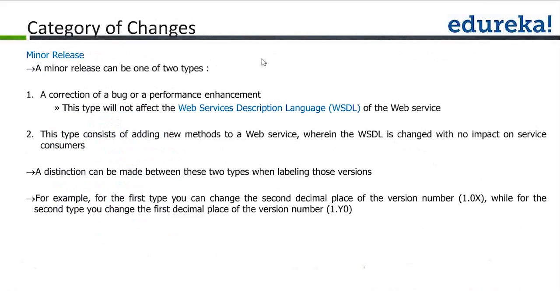Now to answer your second question: why are you giving examples on SOAP WSDL instead of REST WADL? Yes, this is again a very good question. If you remember, Vijay, I told you at the beginning of the session that what we are discussing at large today is versioning of web services. We are not just discussing versioning of REST web services.